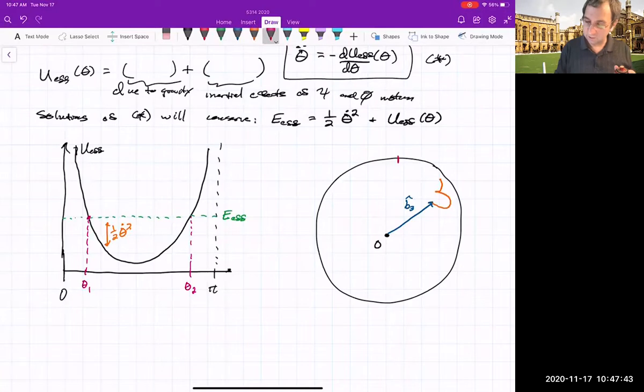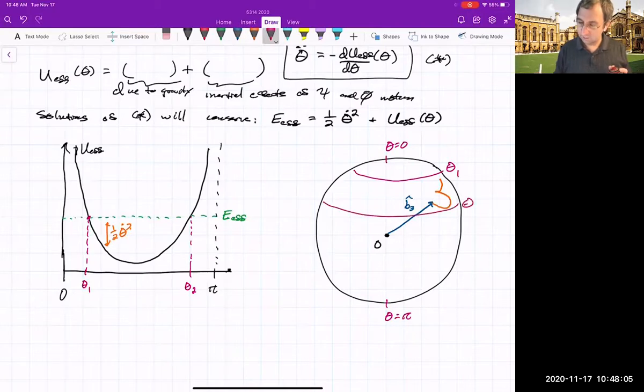So remember, up here is, maybe it's not there, it's here. This is theta equals 0. This is theta equals pi. There'll be two bands. This is theta 1, and then some other band, theta 2.